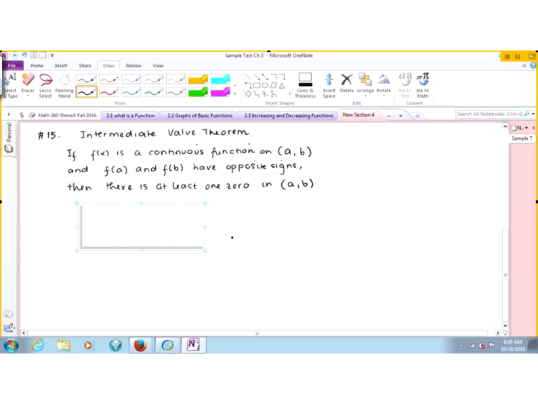Let me illustrate what I mean by that. I'm going to wait for you, because this is an important theorem, and you'll see it again.